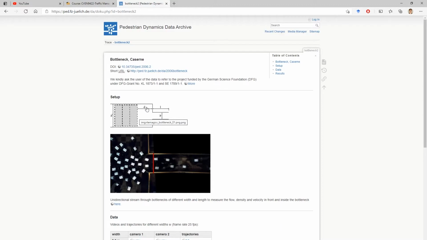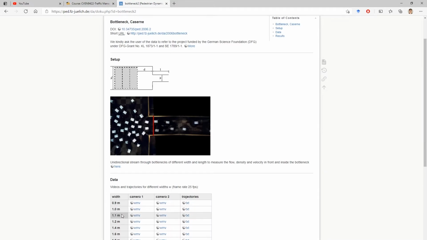As you can see, there is a width at the beginning, and then the width is reduced by these W parameters. They have a few setups with 1 meter width and 2 meter width. They want to observe how the bottleneck affects the pedestrian flow.